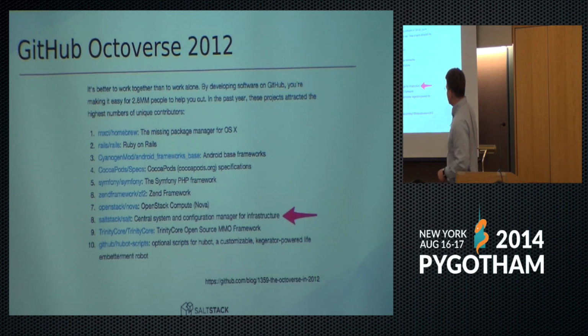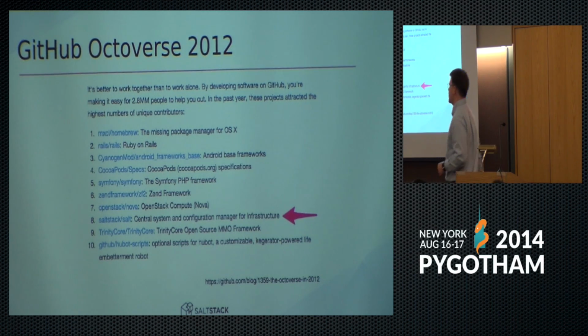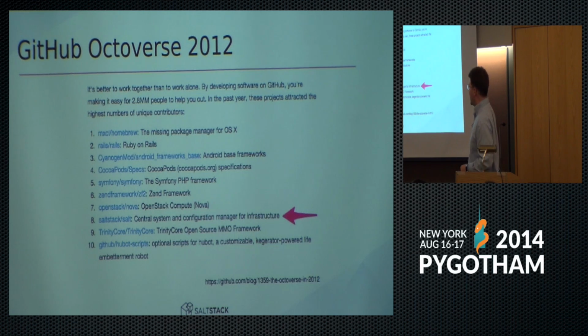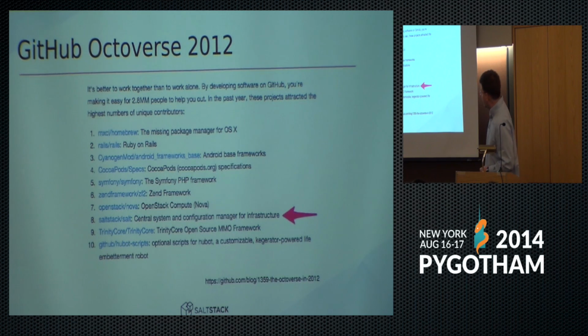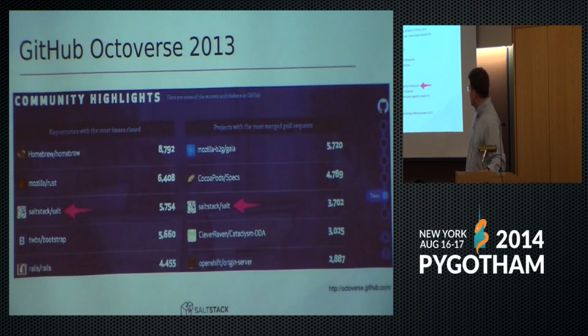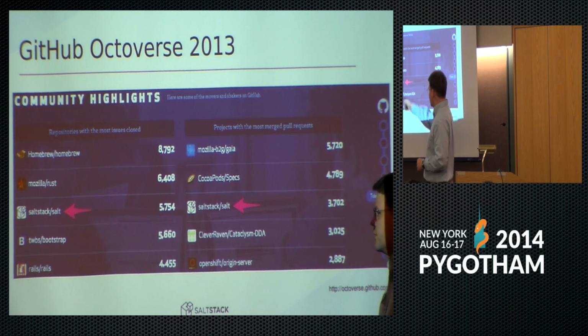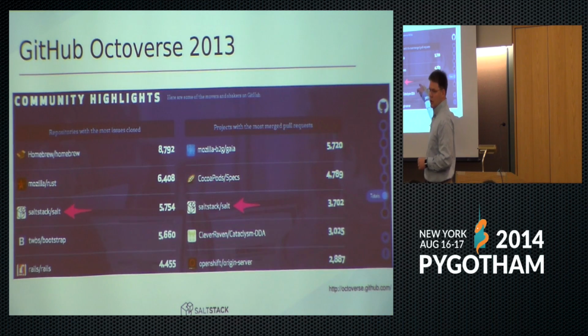Okay, we've got a couple other slides here with respect to showing large projects. The GitHub Octoverse in 2012 listed us as the 8th largest developer community in all of open source in 2012. So that was when the SALT project was less than 2 years old. And we are easily the youngest project on the list. And then for 2013, we had the third most merged pull requests and the third most closed issues.